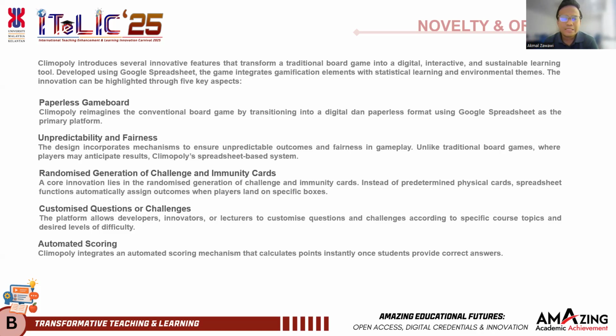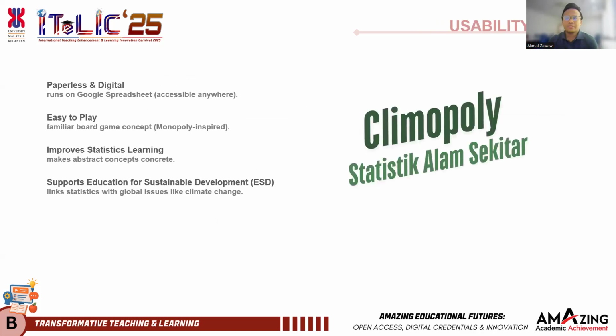And then the last one is automated scoring. CLIMOPOLY integrates an automated scoring mechanism that calculates the points once the student provides the correct answer for each card challenge. Then this one is usability and impact. The first one is paperless and digital, because we don't want to create statistical games that involve physical boards that we need to print out.